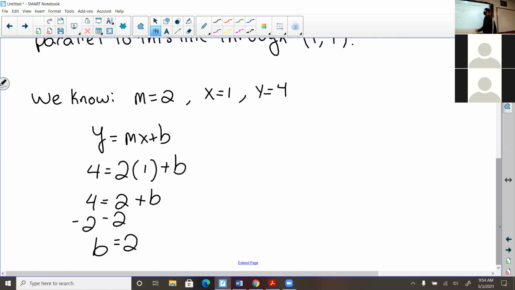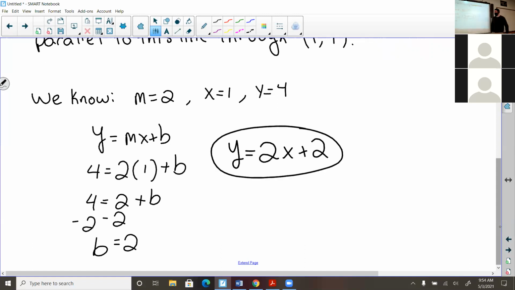So the equation of the line that is parallel to y equals 2x plus 5 is y equals 2x plus 2. I took the information they gave in the problem, plugged it into the equation, and whatever's left, which is the y-intercept in this case, we solve for it. We now know that it had the same slope and a different y-intercept, 2.